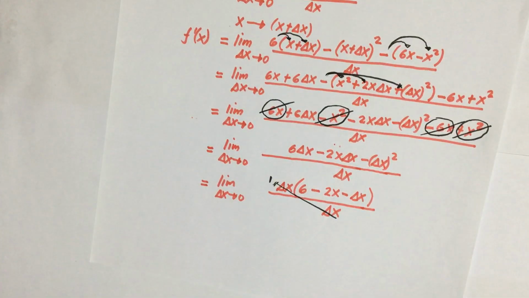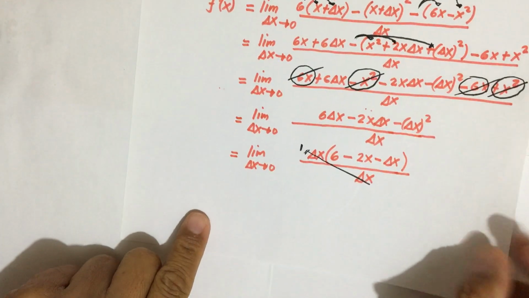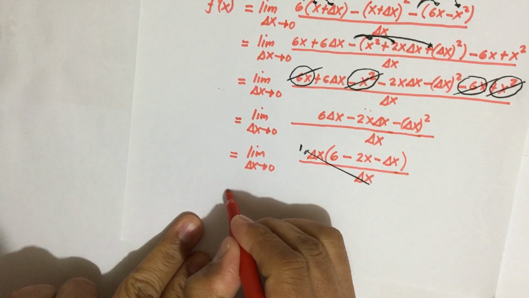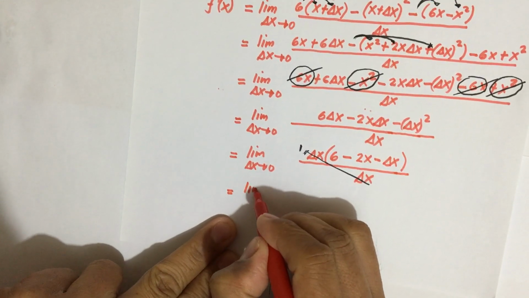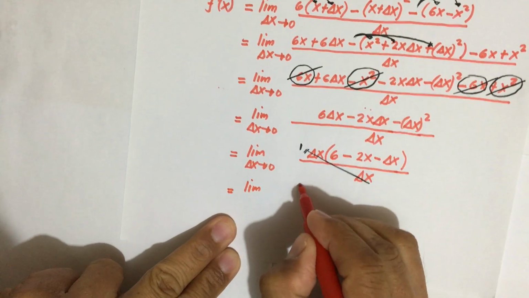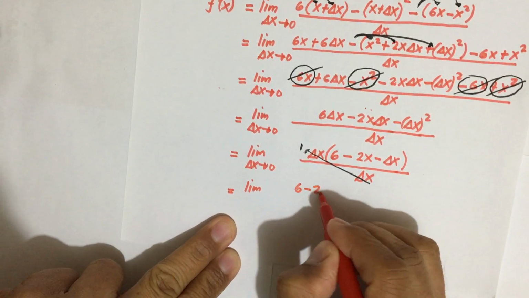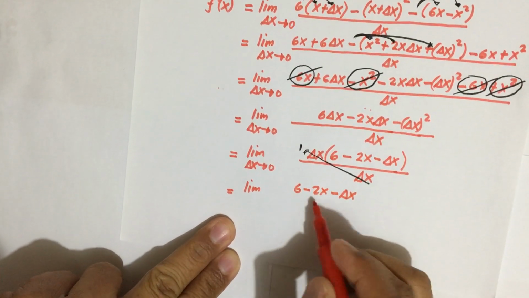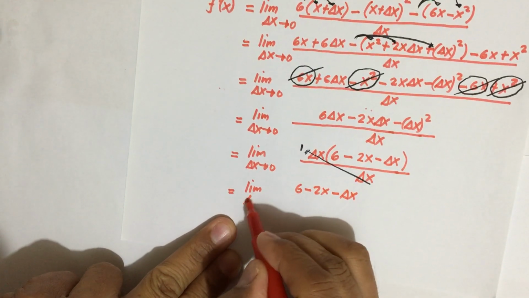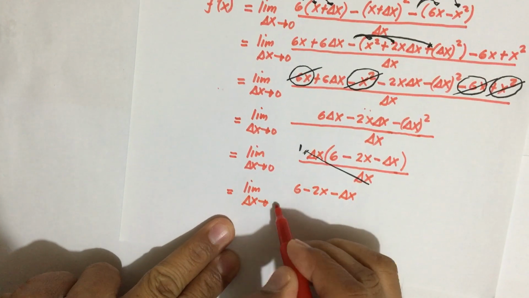So what is left in our expression is limit of, we have 6 minus 2x minus delta x as delta x approaches 0.